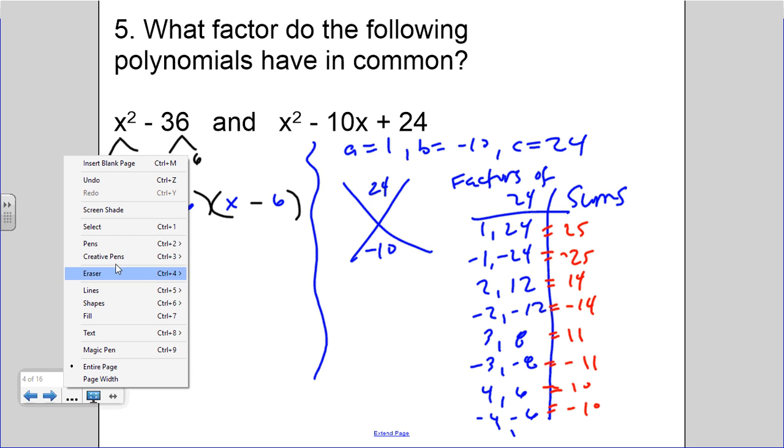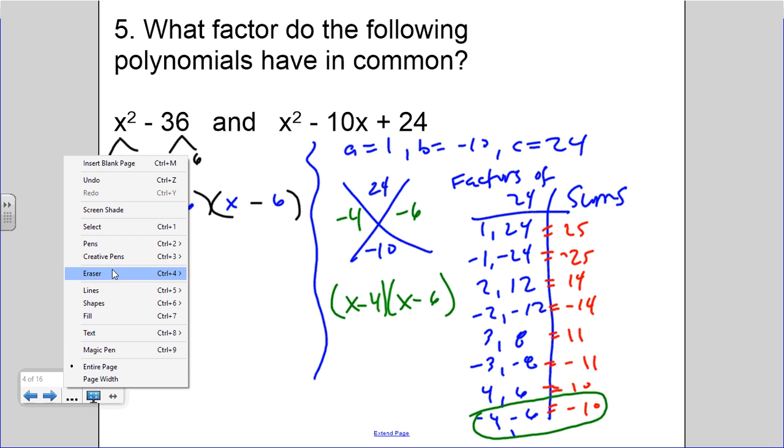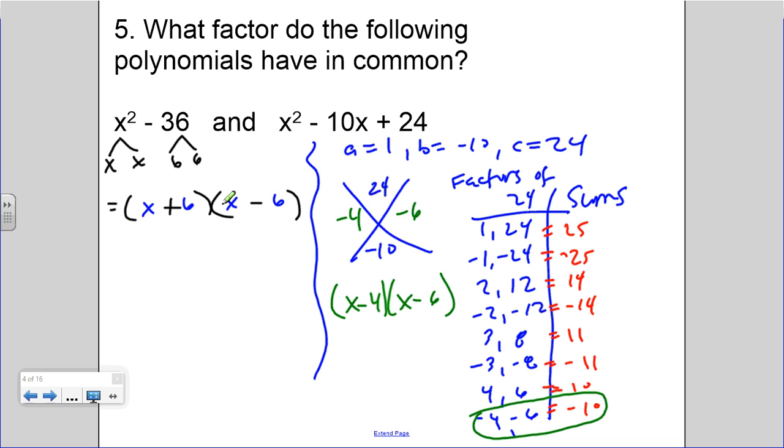So the winners of this round are negative 4, negative 6, because I get b, negative 10. So the factors would be x minus 4 times x minus 6. So the factor that both polynomials have in common is x minus 6.